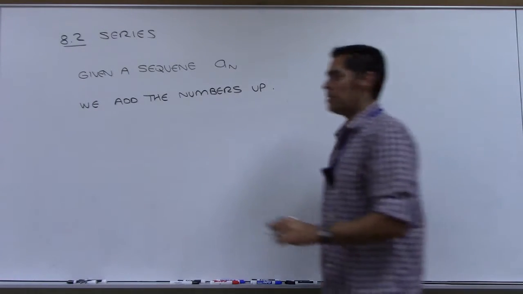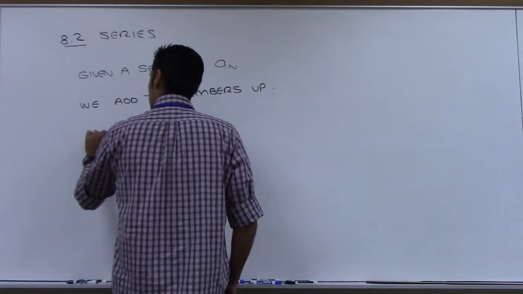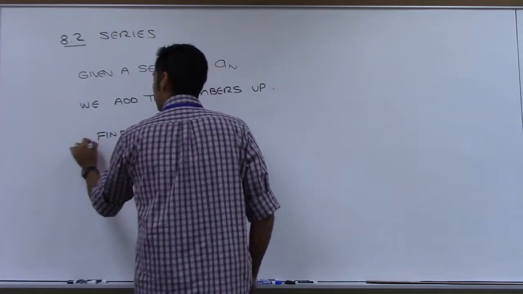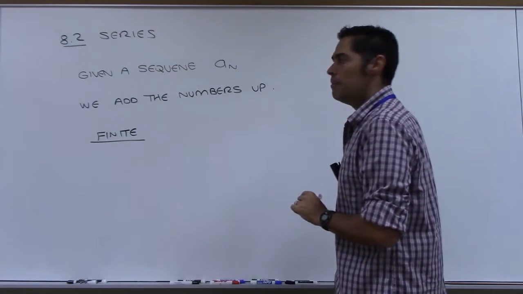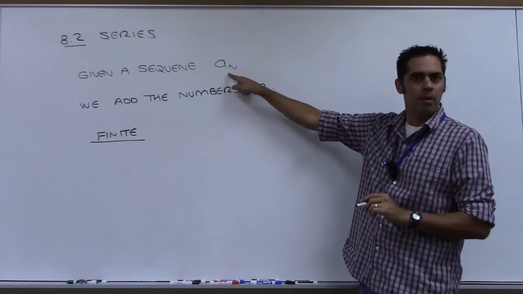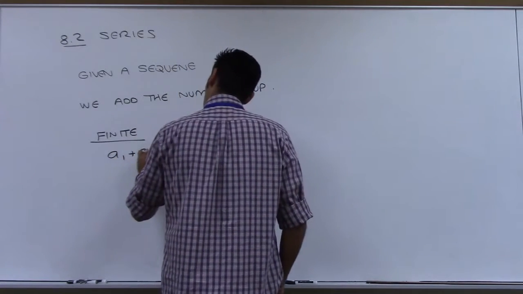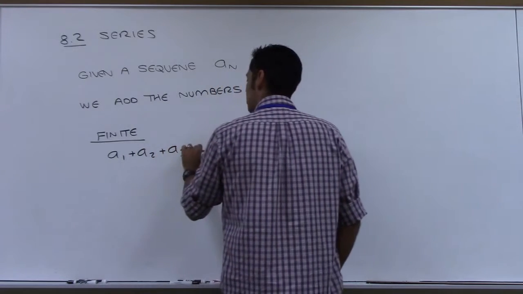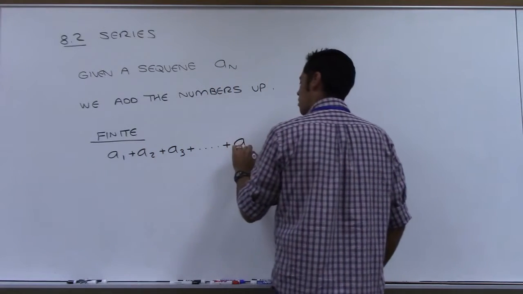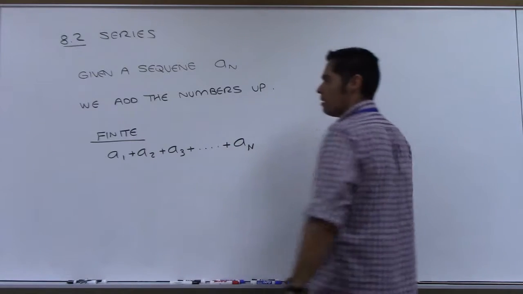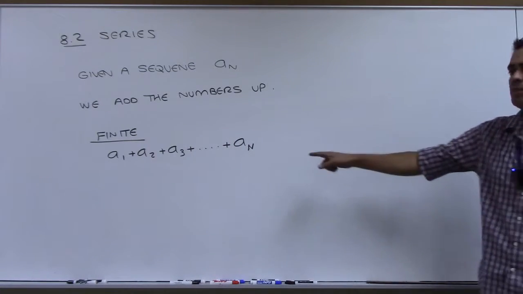So it looks something like this. In the case that our sequence was finite, meaning we had a fixed number of numbers, it would look like a sub 1 plus a sub 2 plus a sub 3 until we get out to the very last one, which I'll call a sub n. That would be a finite series.